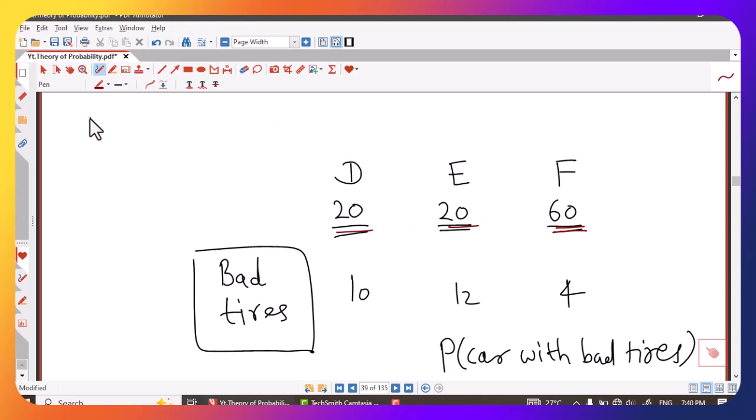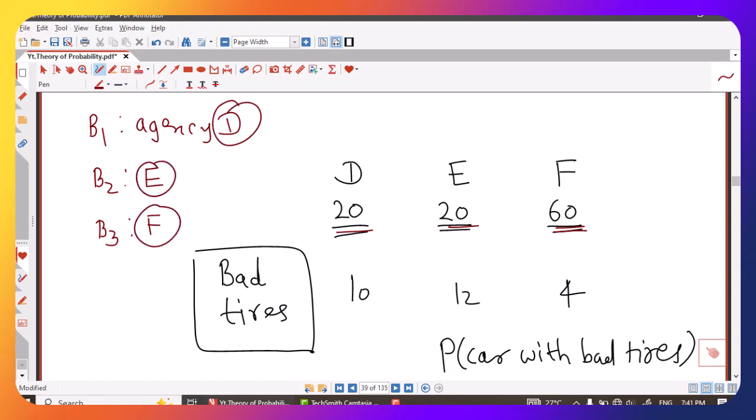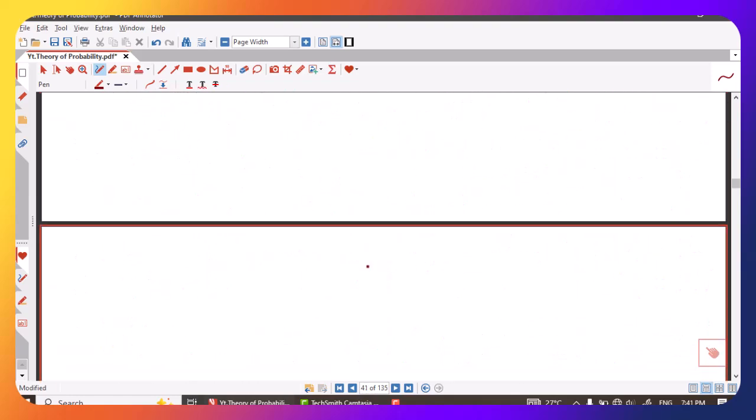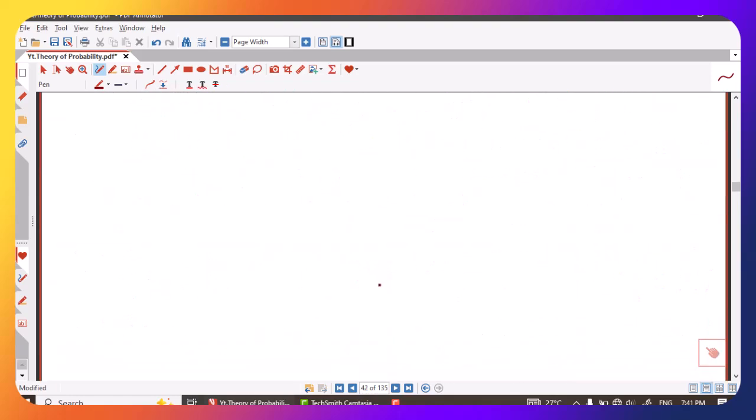So we will consider mutually exclusive events B1, B2, B3 as the car is taken from agency D, the car is rented from agency E, or the car is rented from agency F. Or we can use D, E, F as the events that cars are rented from agency D, E and F. So let me check which notations I have taken.